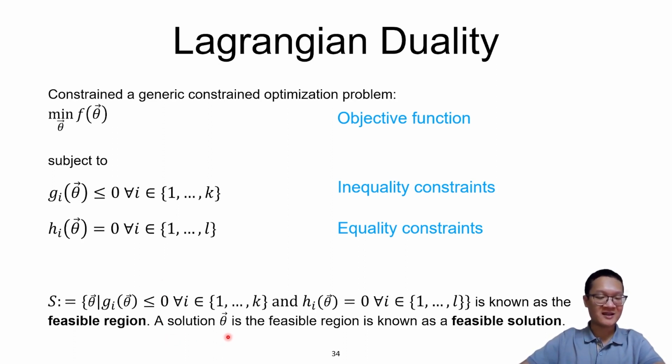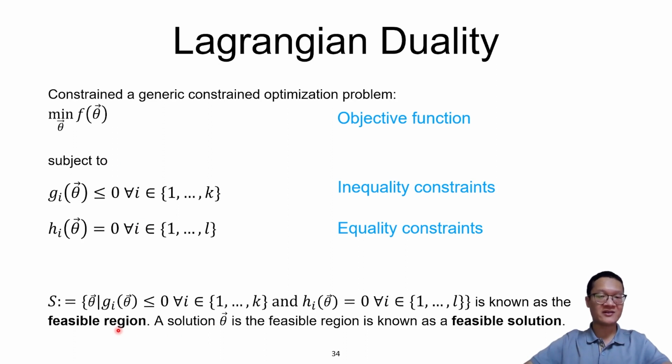A solution theta inside the feasible region is known as a feasible solution. So the optimal solution would actually be a particular feasible solution, right? But most of the feasible solutions are probably not very good in the sense that they're not making the objective very small, right? But at least they're feasible. There are also many values of theta that are not feasible, outside of the feasible region.